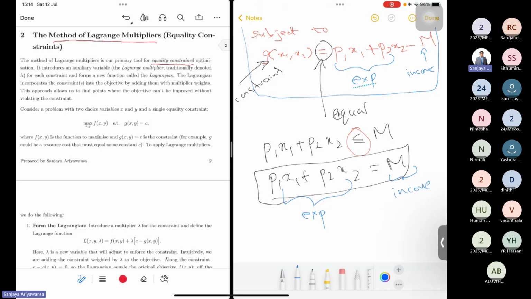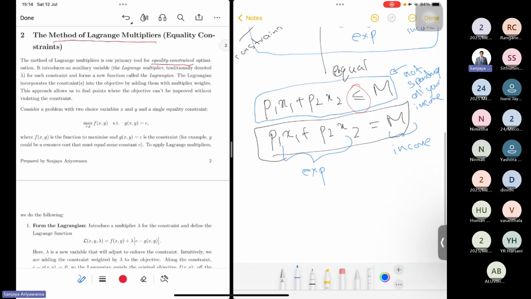So basically, you're spending all that you get here. Whereas with the inequality sign, you're not spending all your income. That's the difference. When you have an inequality constraint, the method you use slightly changes, so we'll look at that later on.